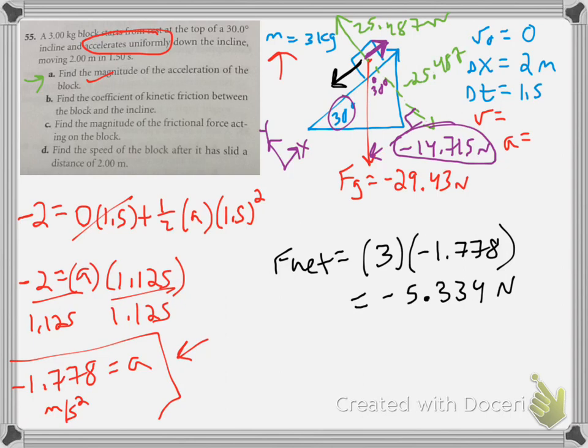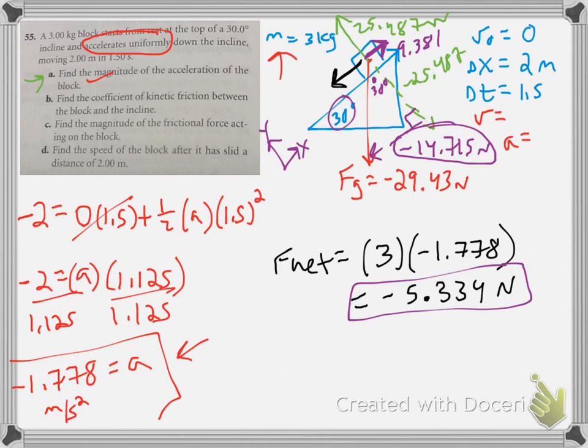And the best way to do that is just to take negative 14.715 and subtract negative 5.334. And you'll get 9.381 in the opposite direction. Because that makes sense. Positive 9.381 plus negative 14.715 gives me negative 5.334.